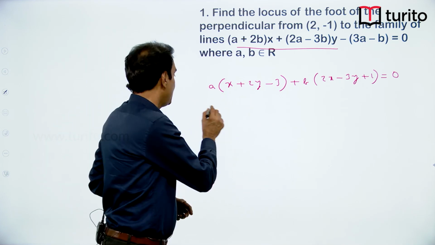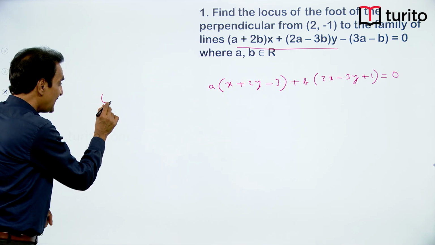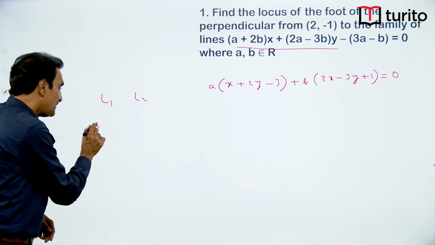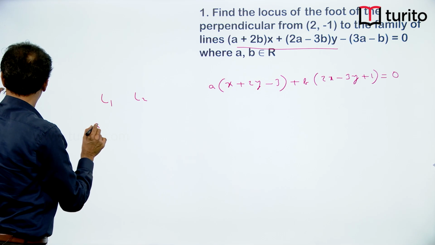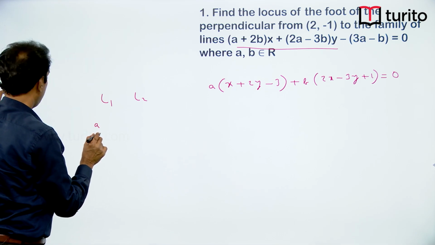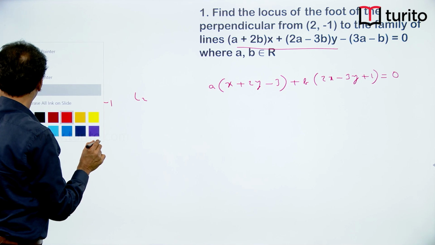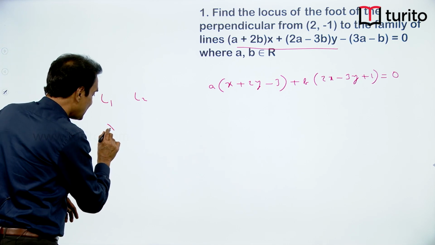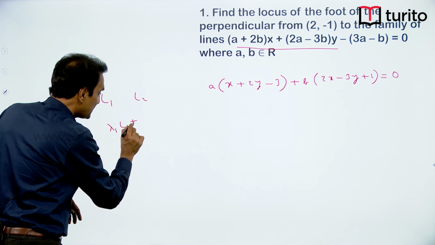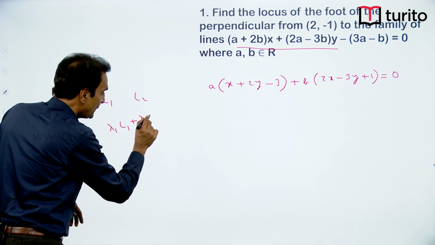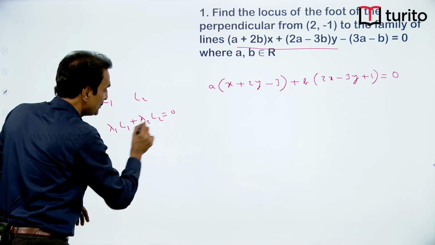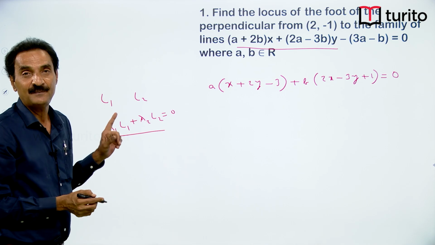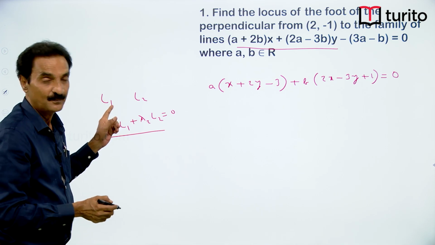If L1 and L2 are two given lines, then the equation lambda 1 L1 plus lambda 2 L2 equals 0 represents a family of lines passing through the point of intersection of L1 and L2.